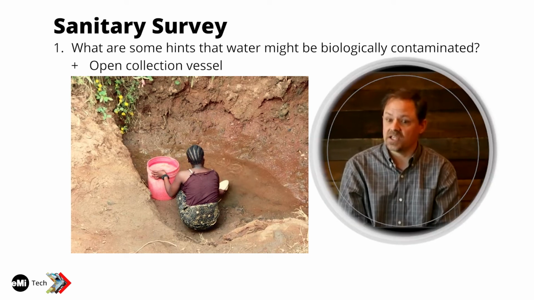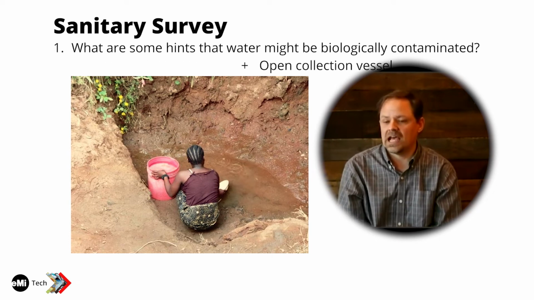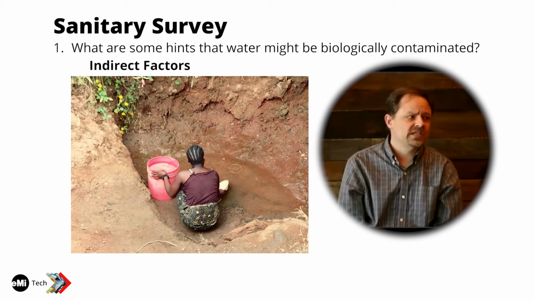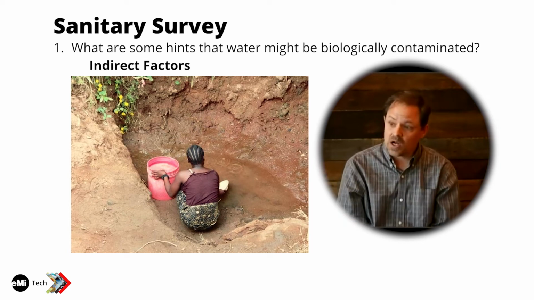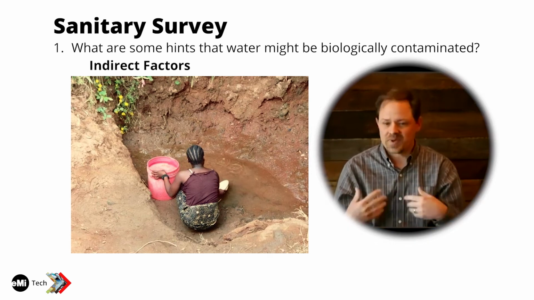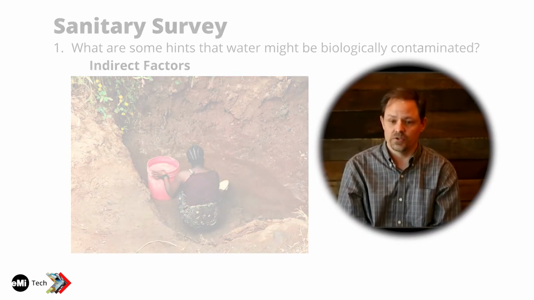In this case, the open collection vessels is also potentially a concern. So these are what are known as indirect factors. Indirect factors are things that are not necessarily problematic on their own, but they're factors that could lead to pathways or hazard factors developing in the future.